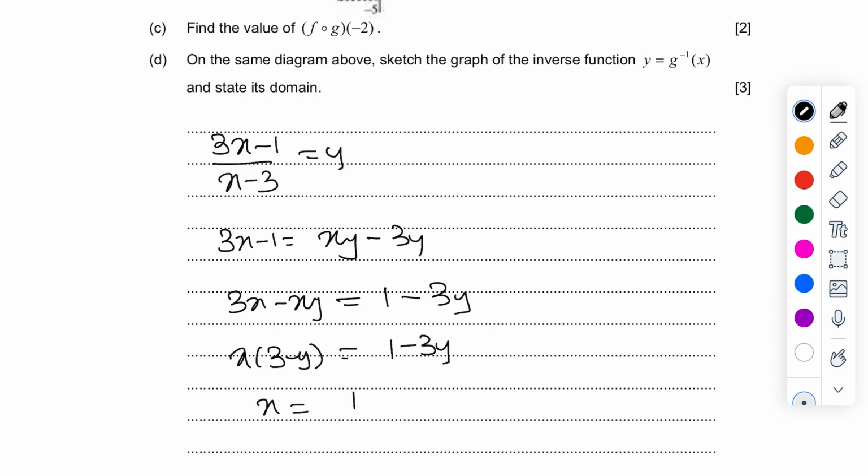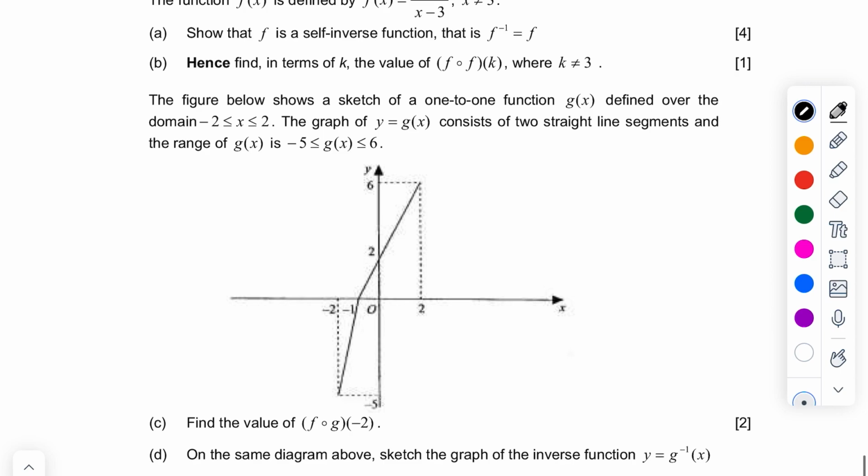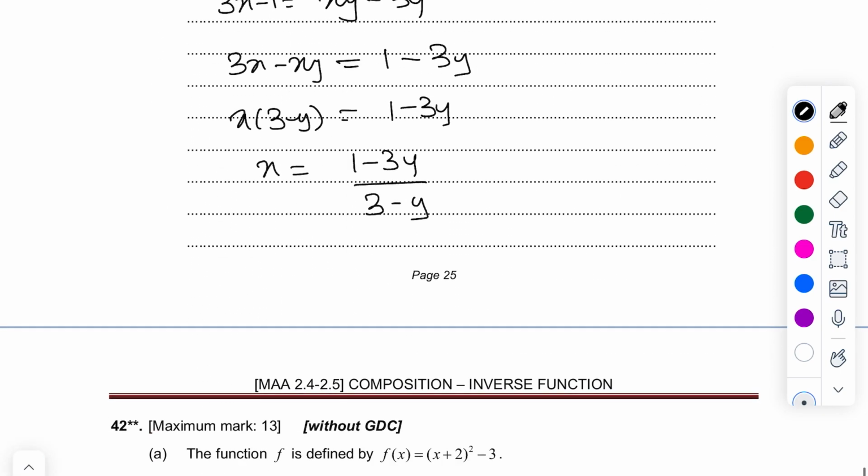So x equals 1 minus 3y by 3 minus y. So same, f inverse of x will be equal to 3x minus 1 upon x minus 3. It is self-inverse. Hence, f circle f of k, find the value of that.